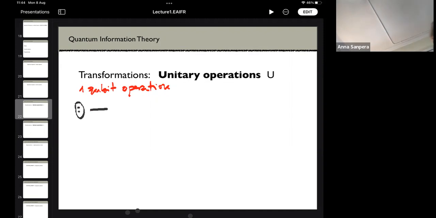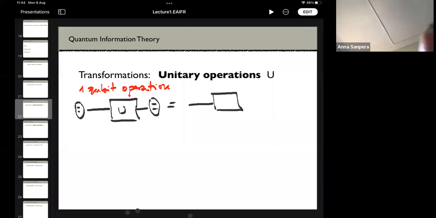I will put a unitary, that will be my gate. And going out of here, I will have my 2-level system in whatever state it is. I will always write it like that, so as not to draw so much. So this is a quantum circuit, a trivial one, but this is a quantum circuit.